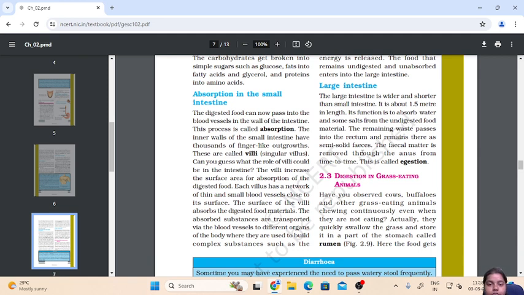The inner wall of the small intestine has thousands of finger like projections called villi, singularly called villus. Can you guess what the role of villi could be in the intestine?